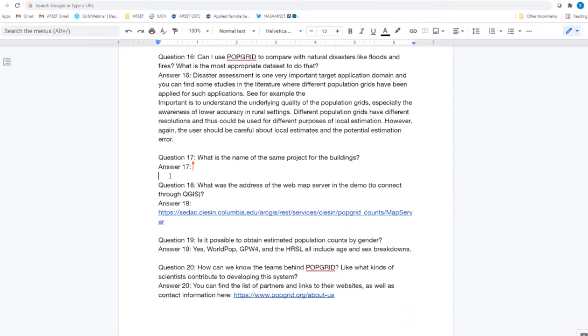One's the High Resolution Settlement Layer from Facebook, which uses the detailed imagery, formerly Digital Globe, now Maxar, to detect buildings. And then WorldPop, where it's available, uses building counts as an input covariate, and it's not available universally.